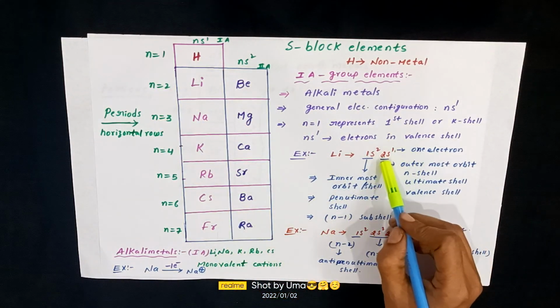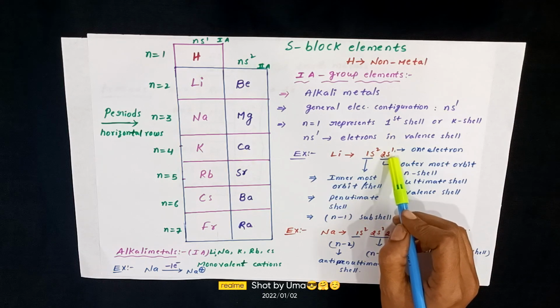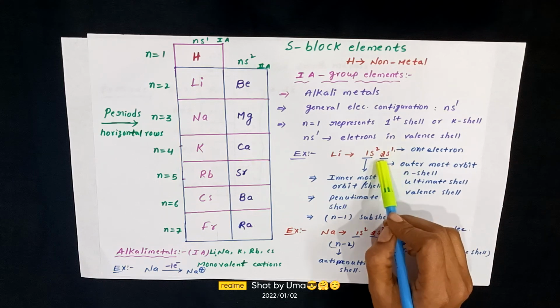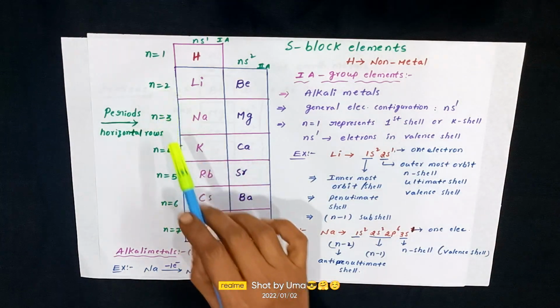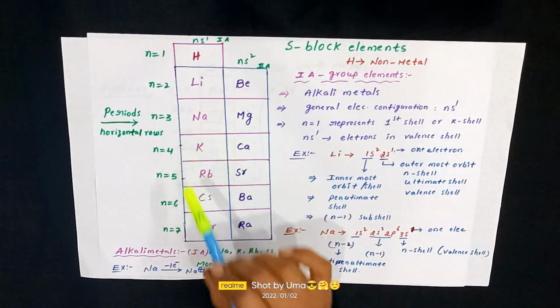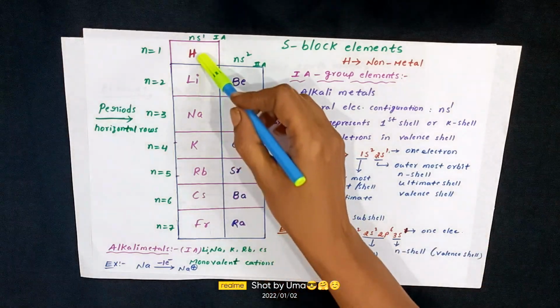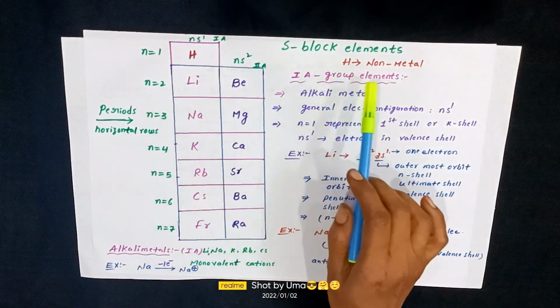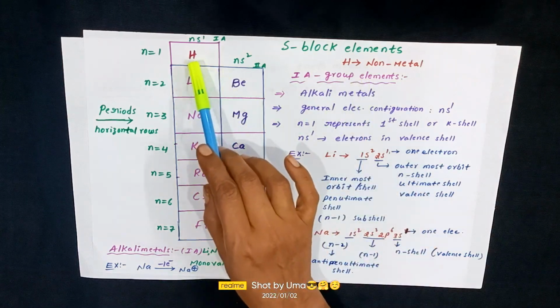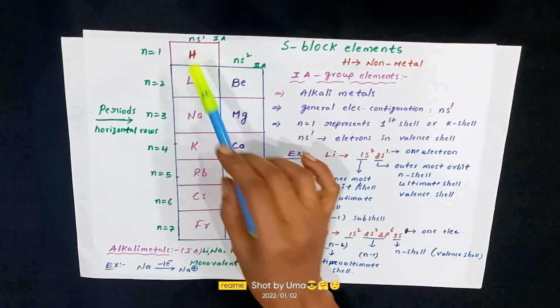Okay, children, by writing the electronic configuration you can understand which group, which period and which block the element belongs to. So this is about the first A group elements. First A group elements are called alkali metals, except hydrogen. Hydrogen is a non-metal.